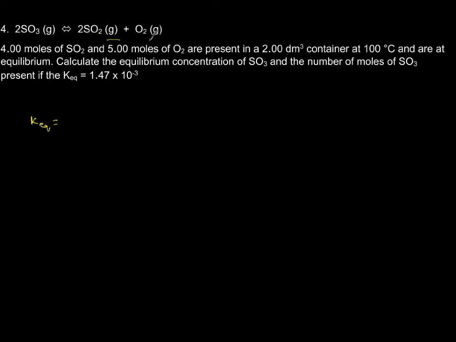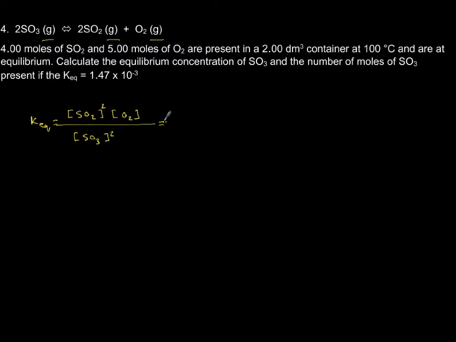So let's just write the K equilibrium expression. They're all gaseous, it's homogeneous, so it's products over reactants. Don't forget the coefficient of 2, that becomes your exponent, divided by sulfur trioxide squared. Let's plug in what we know.